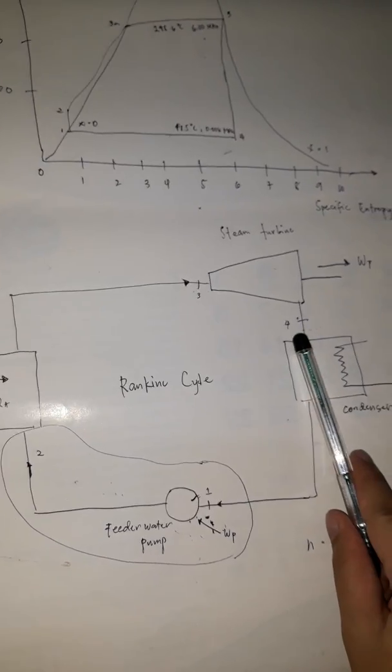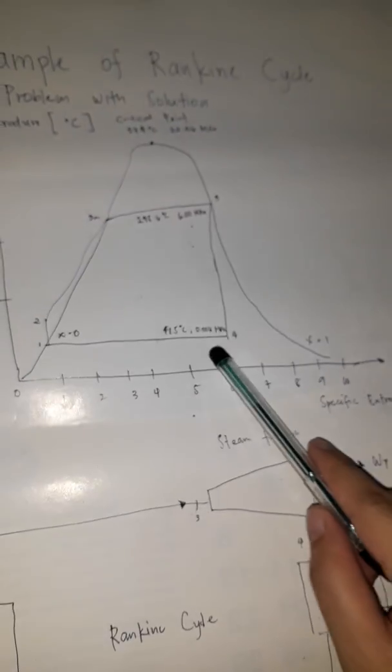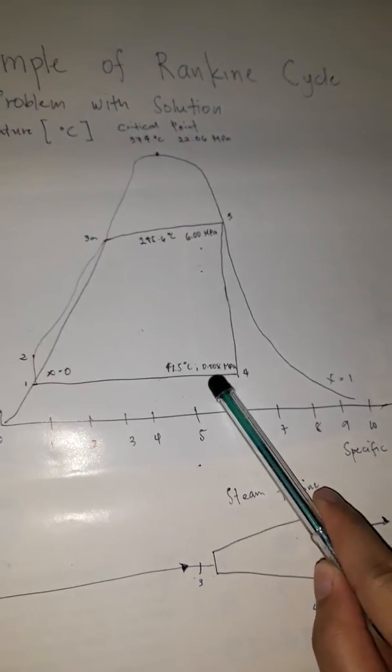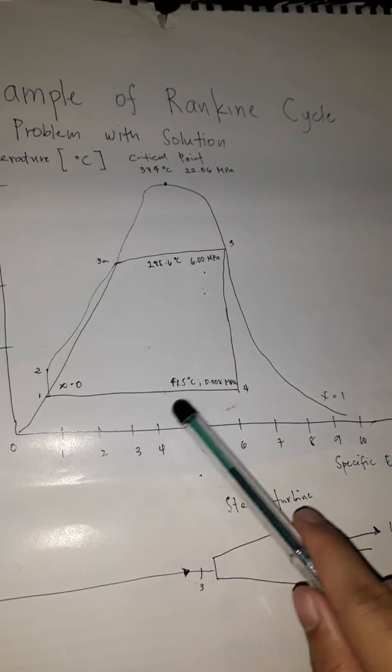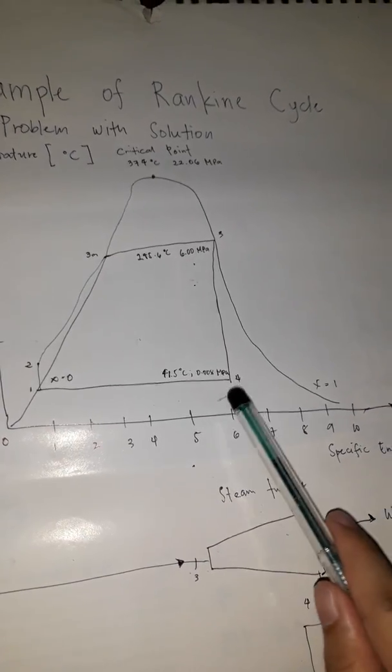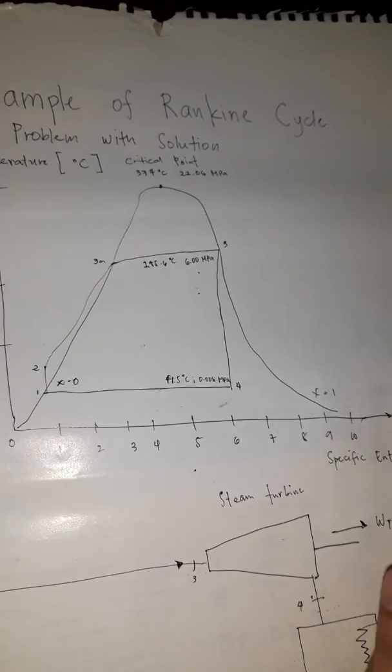And state 4 is fixed by the pressure 0.008 and the fact that specific entropy is constant for the isentropic expansion, which is S3 is equal to S4.